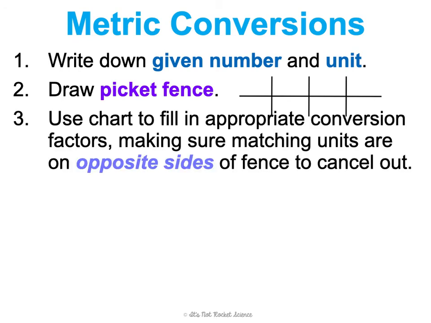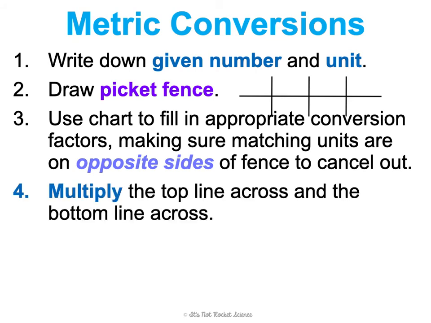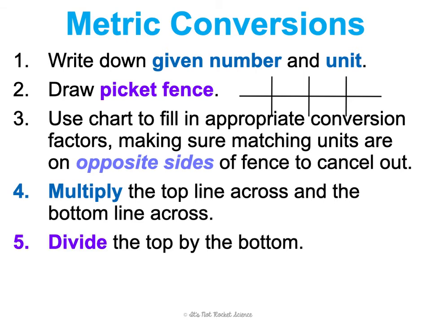The next thing that you're going to do is use the chart to fill in the appropriate conversion factors. You're going to make sure the matching units are on opposite sides of the fence to cancel out. Then you're going to multiply your numbers across the top and then multiply your numbers across the bottom. Then divide the top number by the bottom number and you will get your conversion, okay?